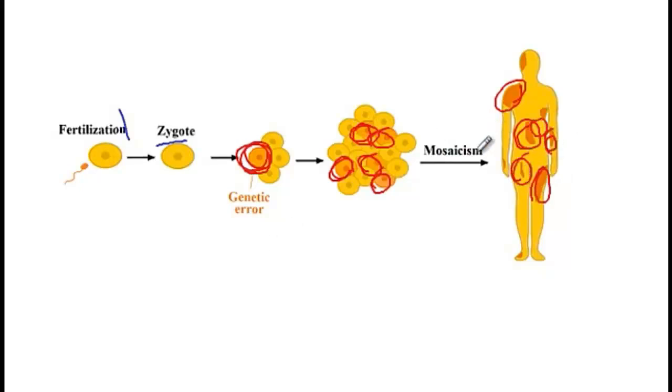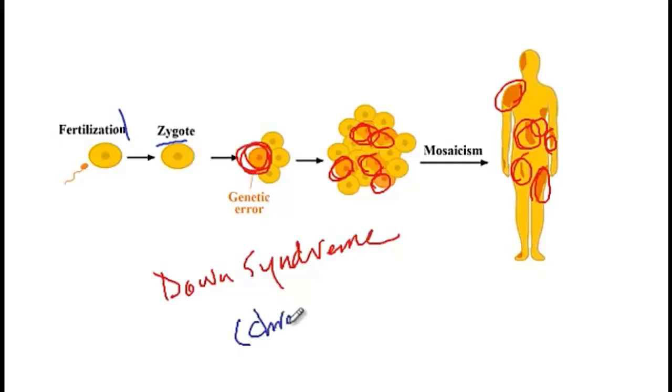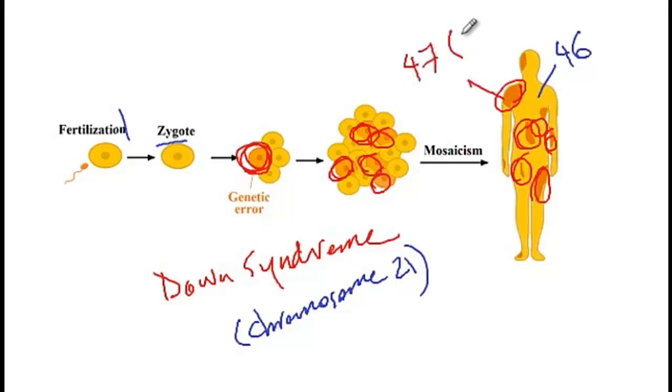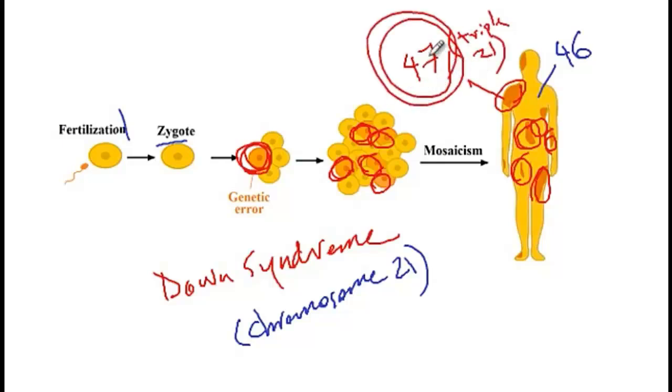Now a good example of mosaicism is in patients of Down syndrome, where they have triple copies of chromosome 21. So as you can see, there are normal chromosomes here that are normal 46, versus abnormal ones that are 47 that have triple 21 chromosome, making the whole genetic makeup 47 chromosomes.